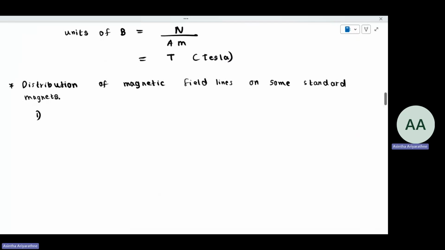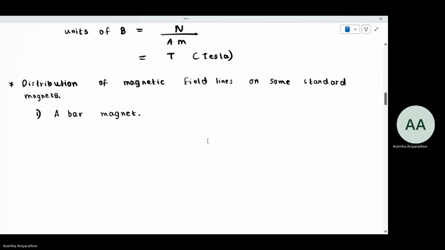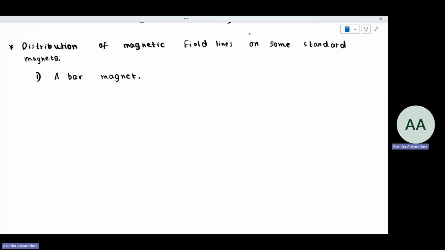So the first one is, let's consider a bar magnet. A magnet like this. Right?